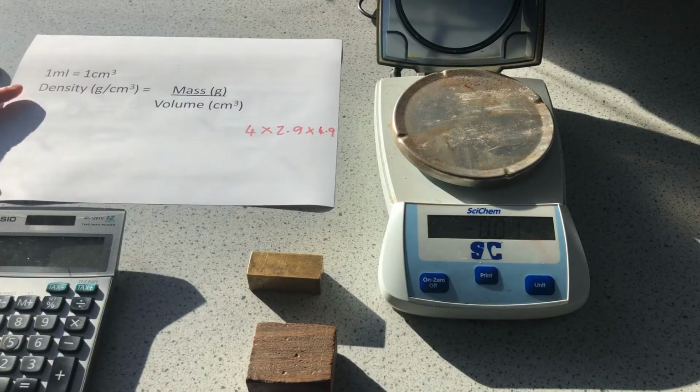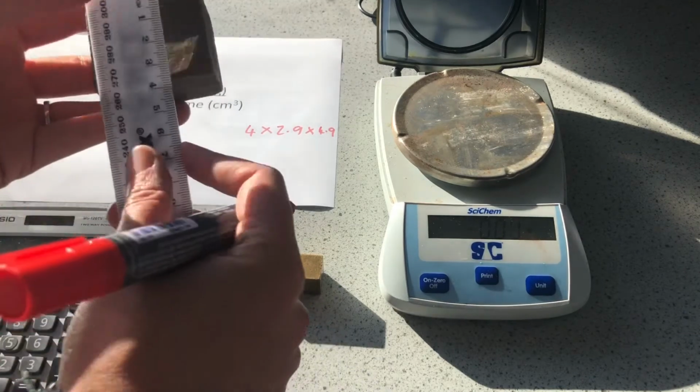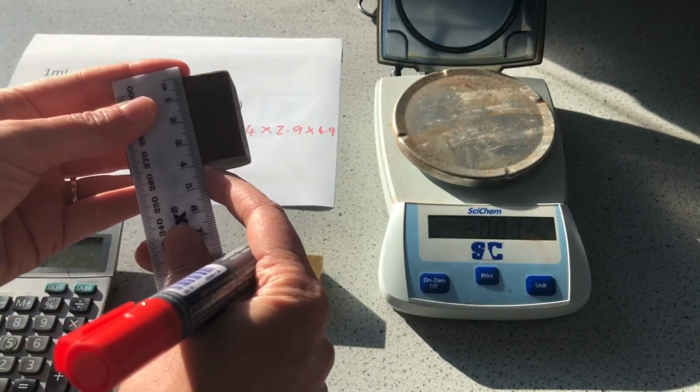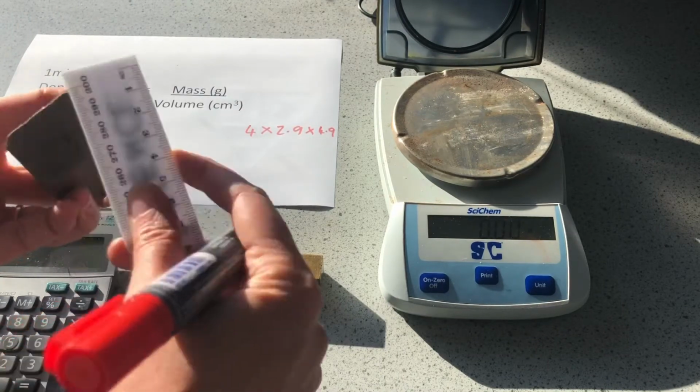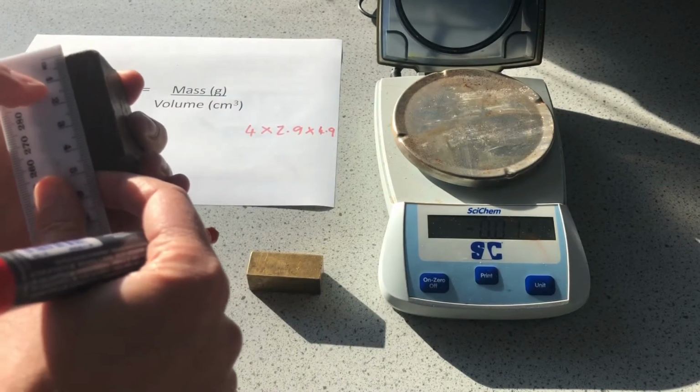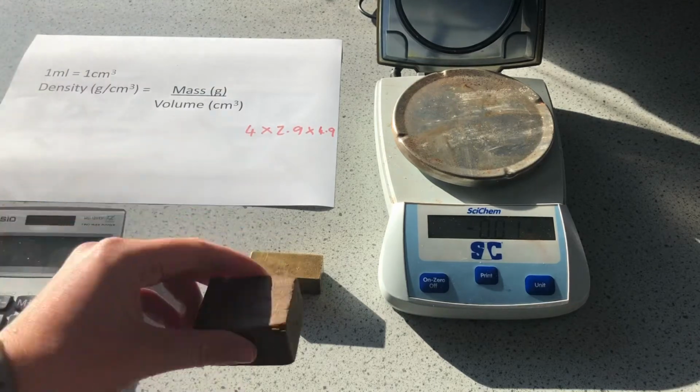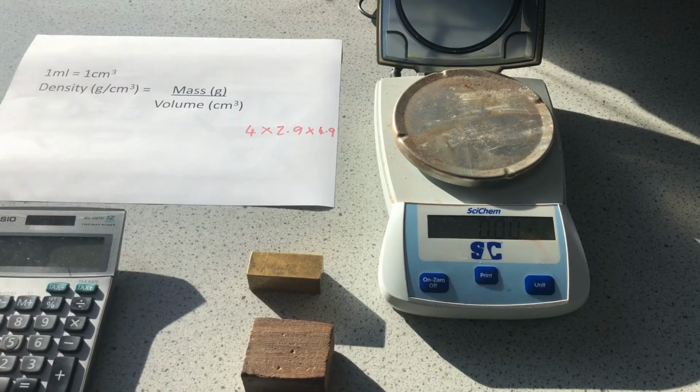So as you can see, I've already started here. I've got the one dimension there is 4 centimetres. I've got 2.9 going that way and 4.9 going that way. So using those three dimensions, I can work out the volume.